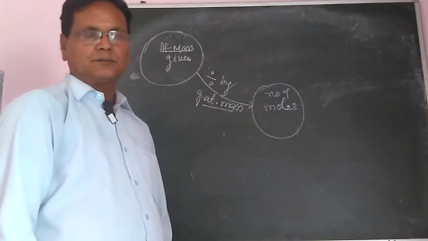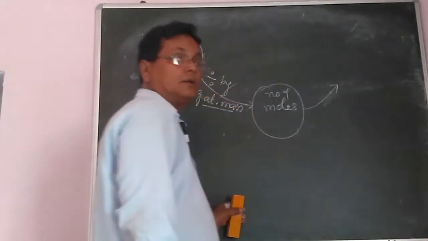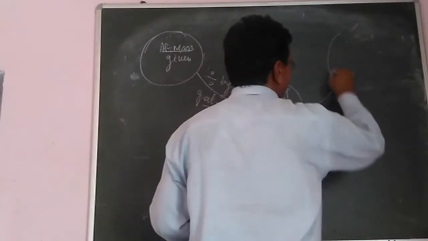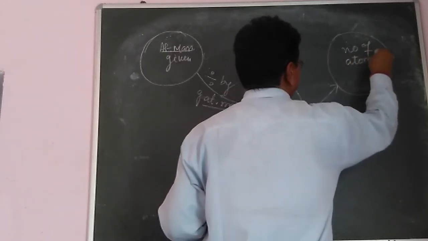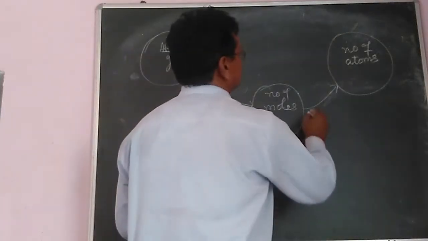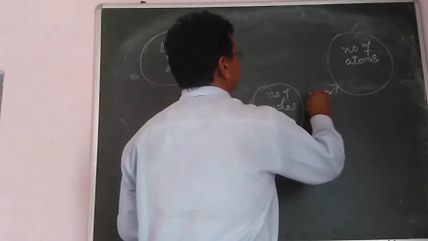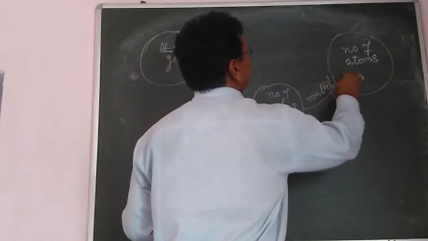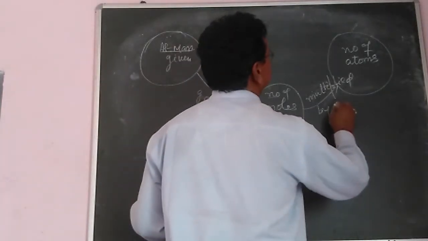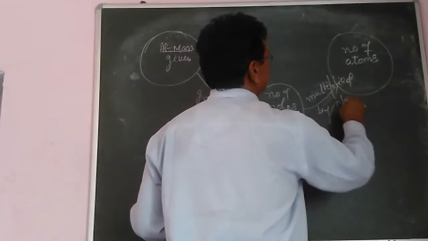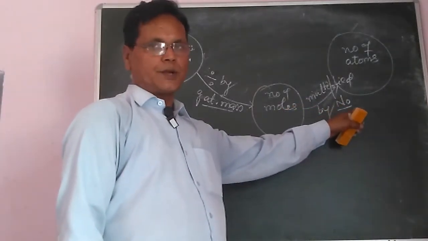If the number of moles is given, suppose 3 moles or 0.5 moles, and you are asked to find the number of atoms, the number of moles is multiplied by Avogadro's number N0, which is equal to 6.022 into 10 to the power 23.